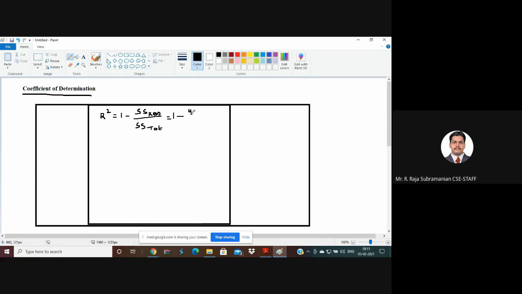It is nothing but the predicted yi, yi cap, minus the actual yi, and I can put a summation over i here, the whole square. This is the sum of squared residual errors. Residual is nothing but error. The sum of squared errors is on the top.